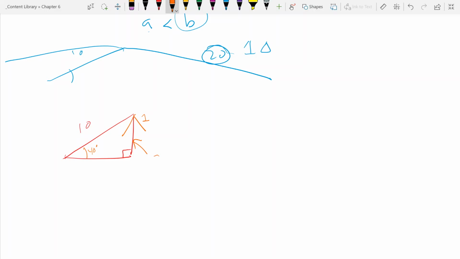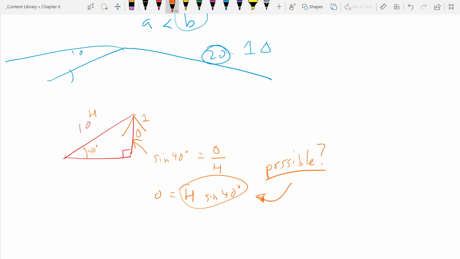So you would say sine 40 is equal to opposite over hypotenuse and rearrange. So in this case, this is opposite, this is hypotenuse. Opposite is equal to h sine 40. So if you need to figure out if a triangle is possible or if it's like a gibberish triangle, then you can do this to figure it out.